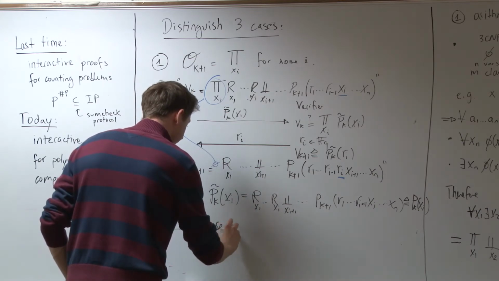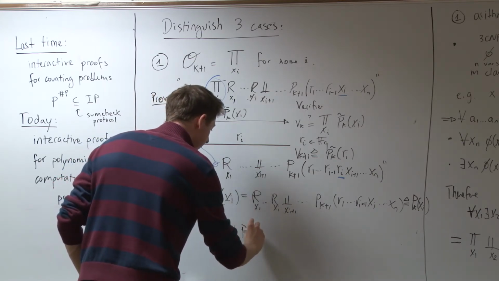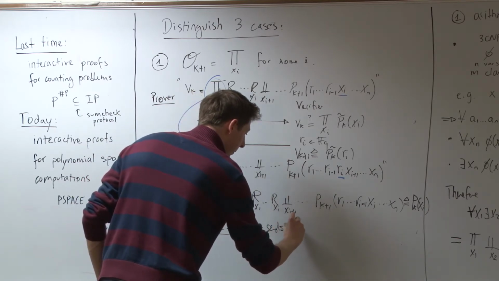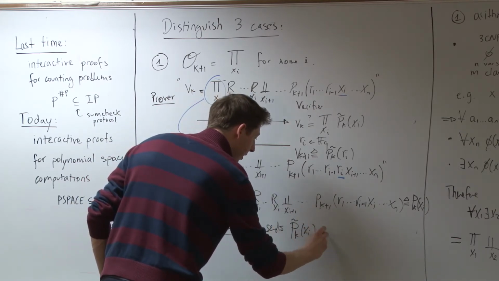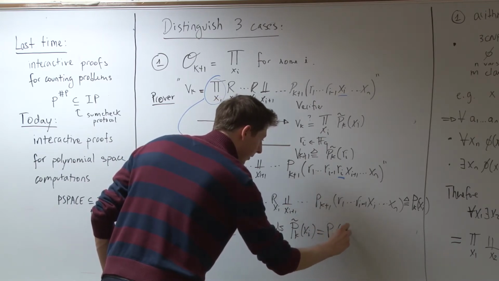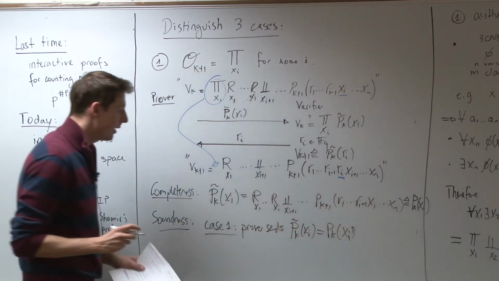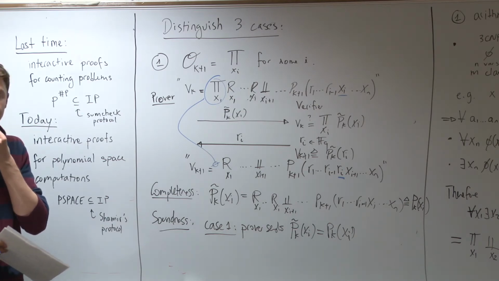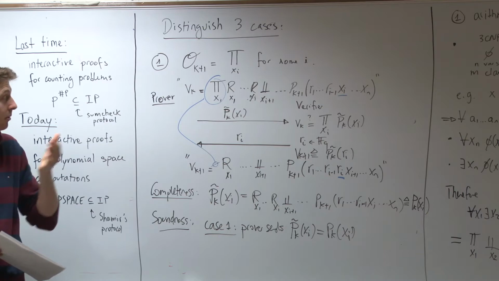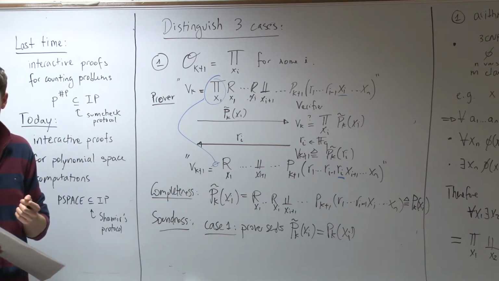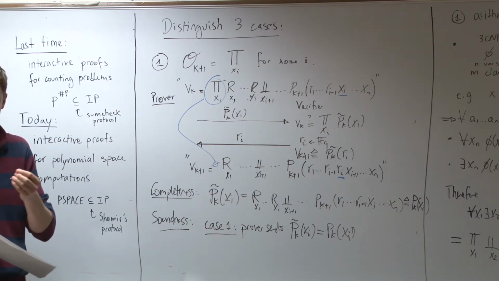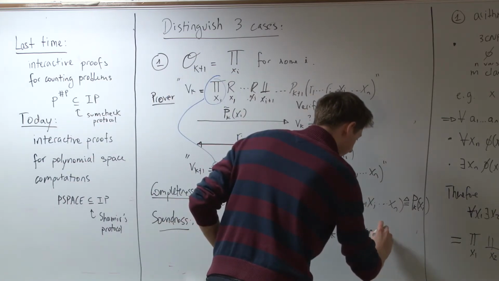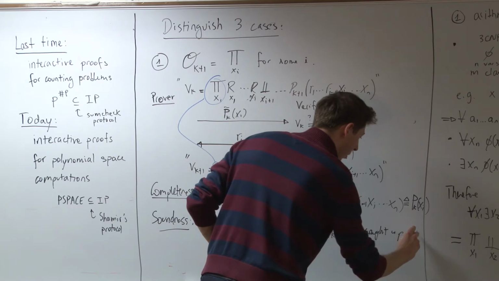Case 1: the prover sends pk tilde of xi that equals pk of xi. You are assuming that the statement is wrong. Yes, I'm assuming the statement is wrong. So we catch it with what probability? 1. We reject with probability 1.